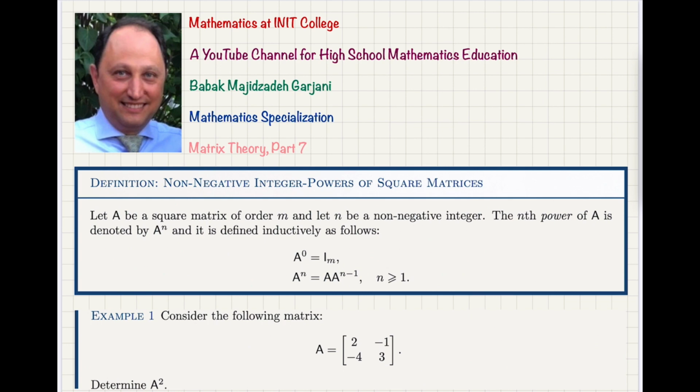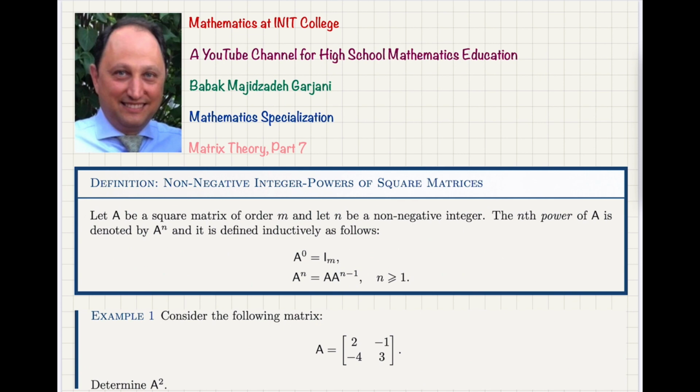So I give you a matrix and, for example, ask you to raise it to power 2, because powers are actually a natural consequence of products. You remember the reason that we invented the power notation in the first place: we wanted to summarize long products of a number by itself.